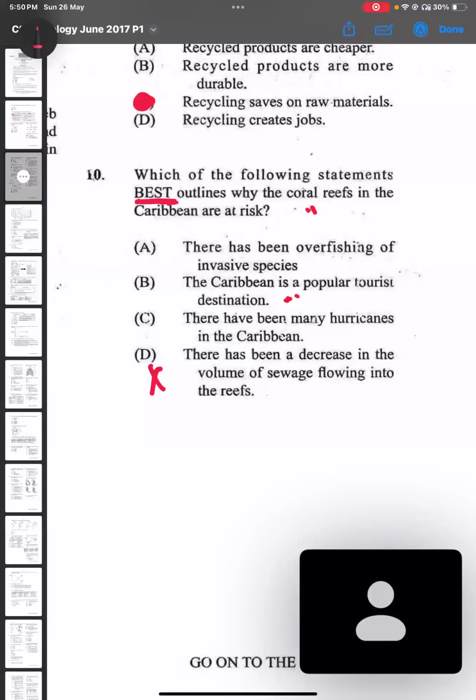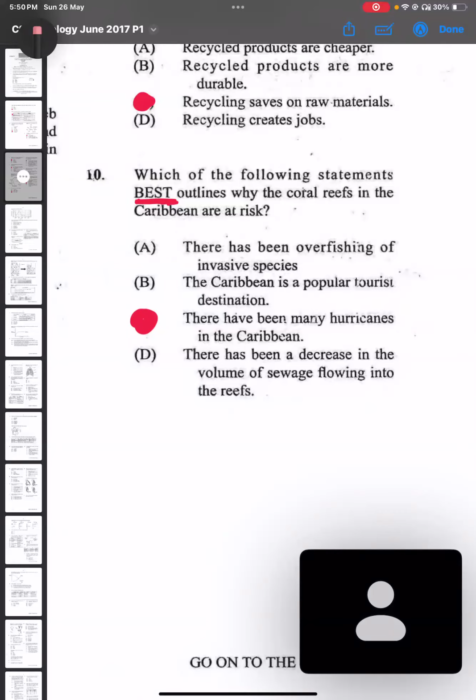So in this case, the only one that we see here causing harm or posing a risk to the reef could be hurricanes, because we know that the coral reefs are there to break the force of the waves when the hurricanes are coming in. So in that case, we could have some damage to the reef because of increasing the number of hurricanes. So that's why C would be the most appropriate answer here.